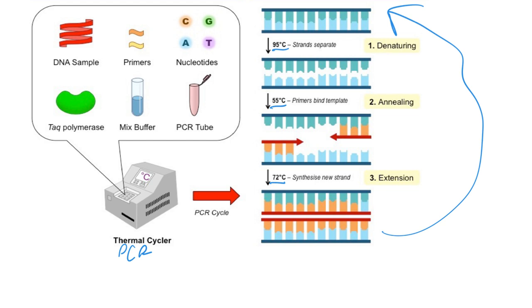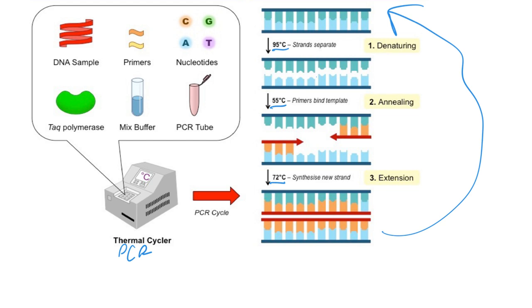So basically, you heat up the DNA in the first part of the cycle, and that causes it to denature, separate into single strands, each fragment. Then the solution is cooled, while the two strands are separated.